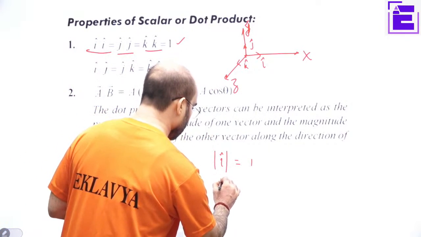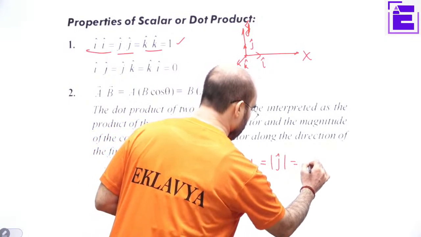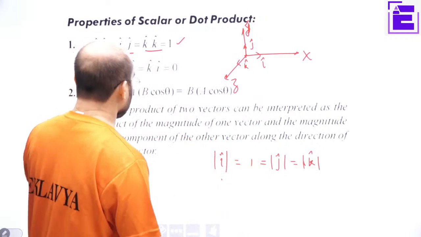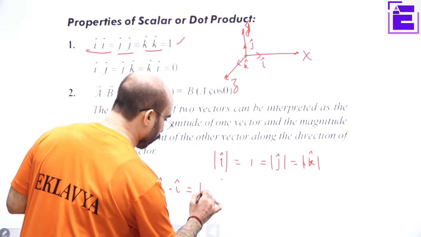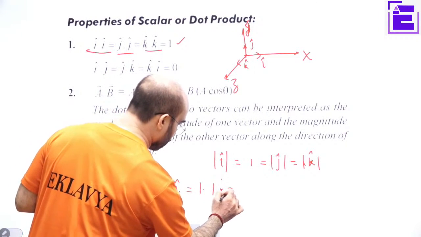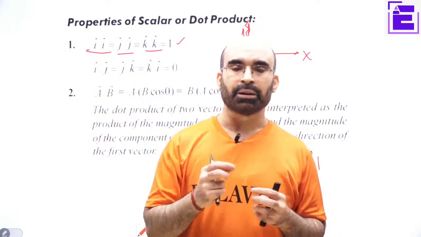So J cap or K cap, mod of this equals 1. Okay. So if you are doing I dot I, the magnitude is 1 for both. This into what? Cos. What is the angle between I and I? 0 degree.